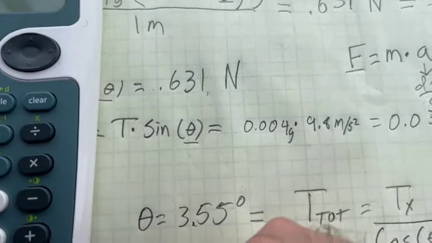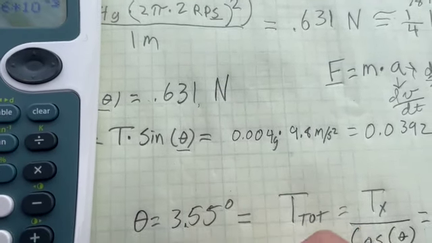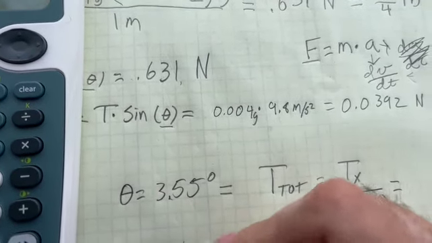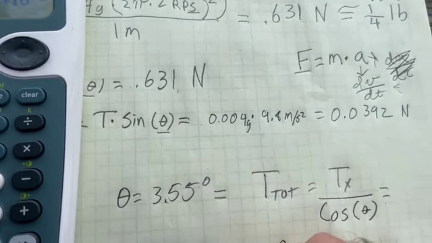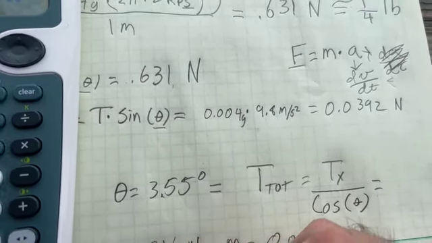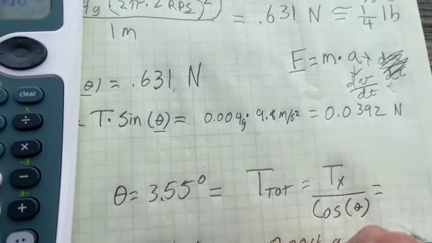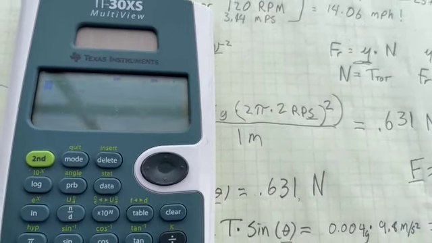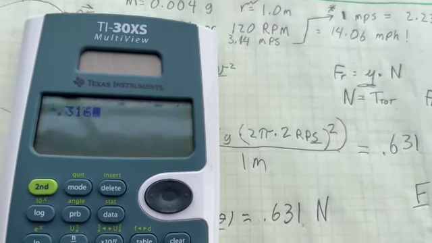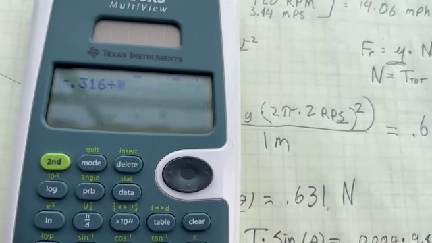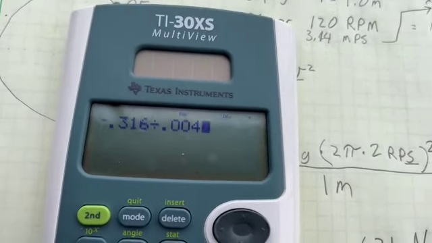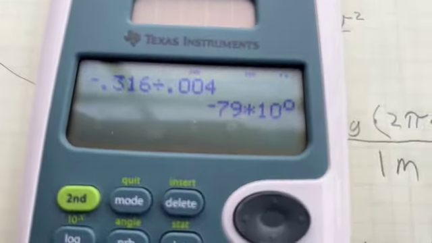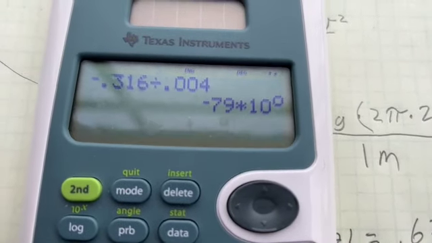So we have to do the negative 0.316 divided by 0.004, because it's newtons divided by kilograms equals meters per second squared. So again, negative 0.316 divided by 0.004 gives us 79 meters per second squared.